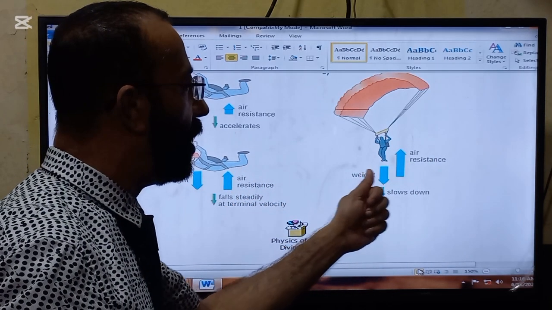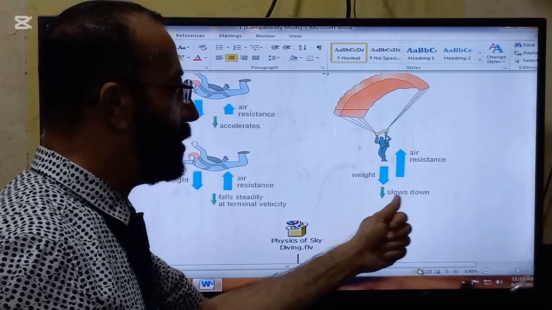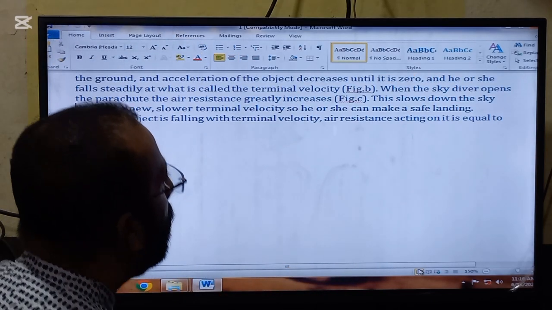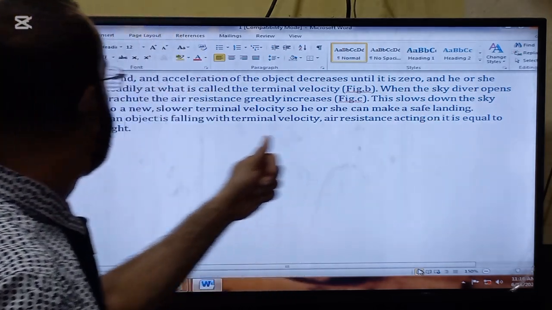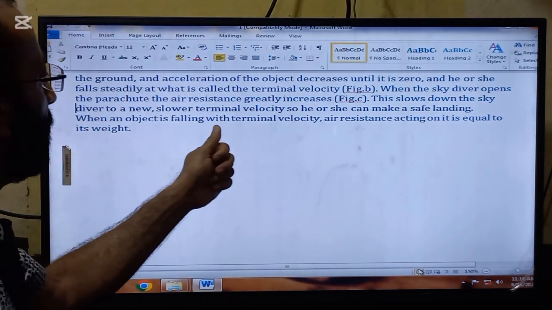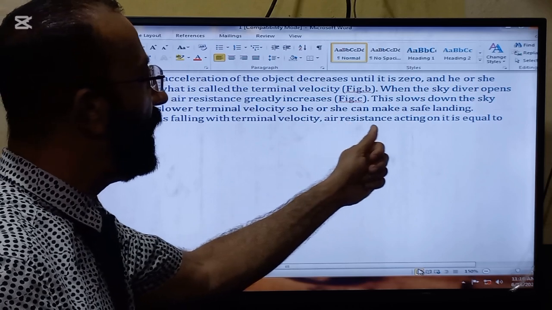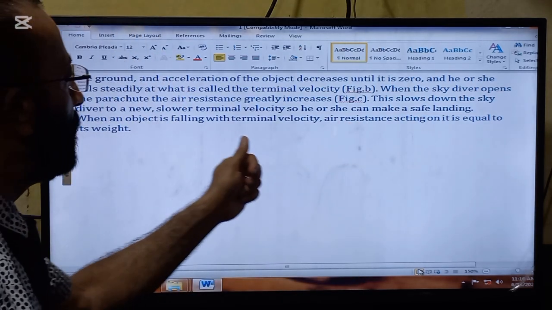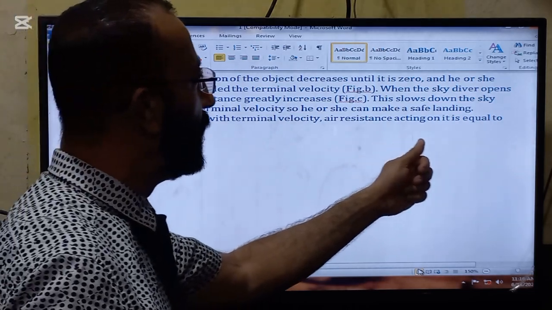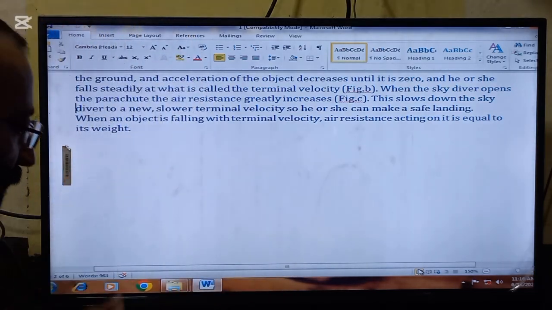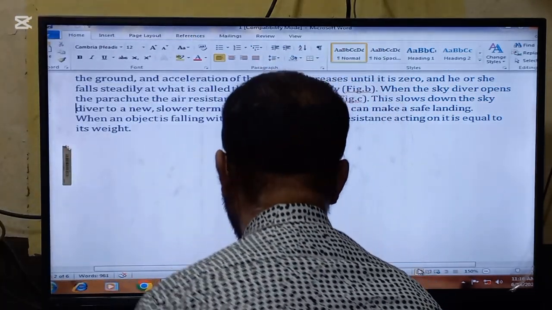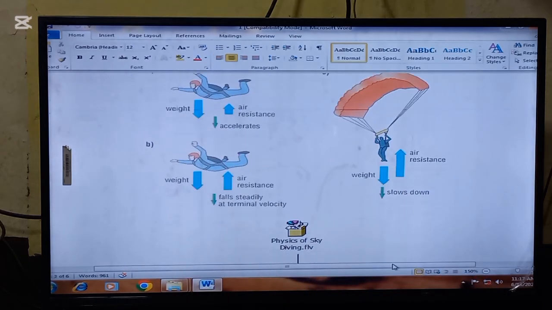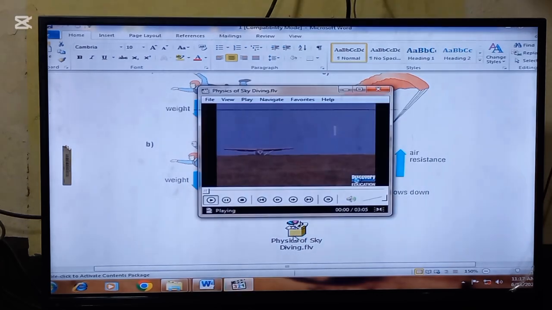So that will be called again a terminal velocity. So the body slows down. This slows down the skydiver to a new slower terminal velocity, so he or she can make a safe landing. When an object is falling with terminal velocity, air resistance acting on it is equal to its weight. So concentrate now. We are going to show you an example and a video that will make your concepts more clear.